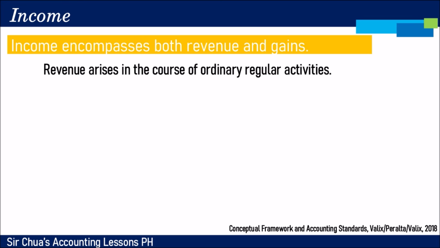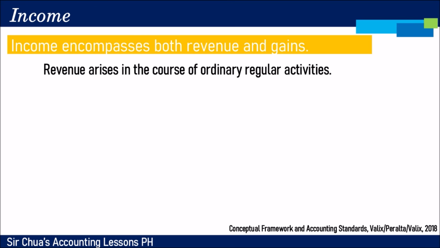If you are a merchandising company that sells teddy bears, then kumikita ka sa pagbebenta ng teddy bears. Okay, so the ordinary regular activities or ordinary business operations of a company, doon nagre-relate ang revenue. Doon ka kumikita kasi yun ang main operations mo.